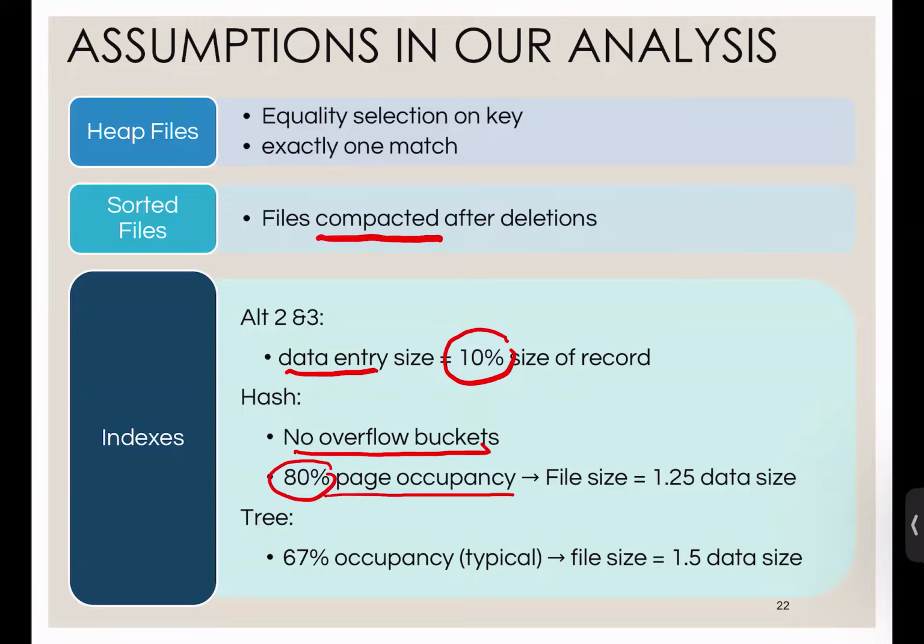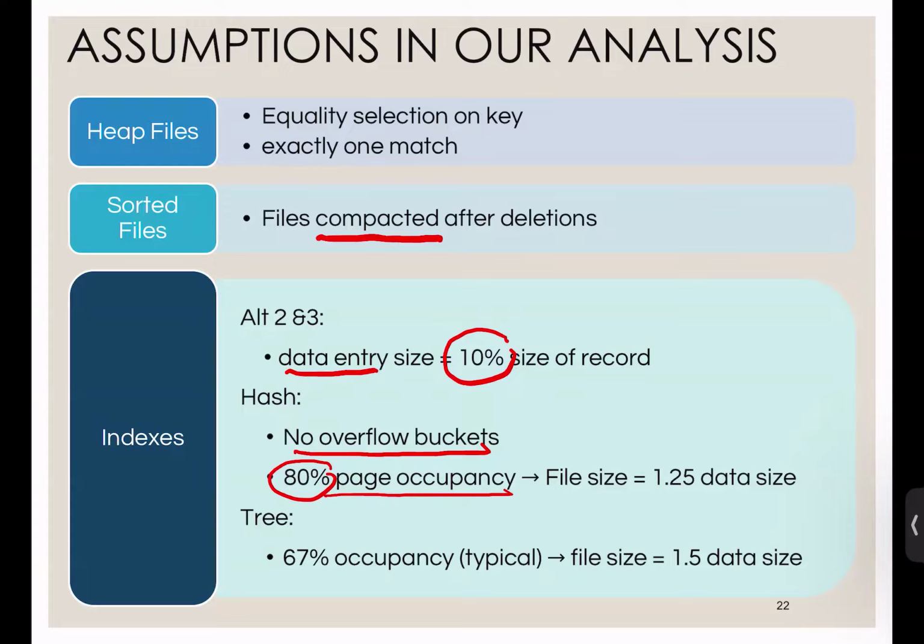Let's say we allow it to have initially 80% page occupancy. So instead of putting everything in a full page, I allow only 80%, and then we have 20% left for future insertion. Okay. That's for hash. Now, let's say in the beginning we have 100 data records, and I have 10 pages.